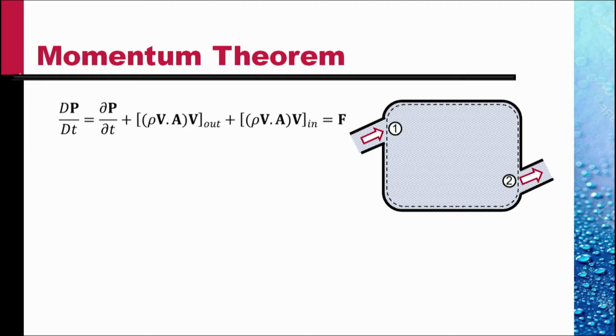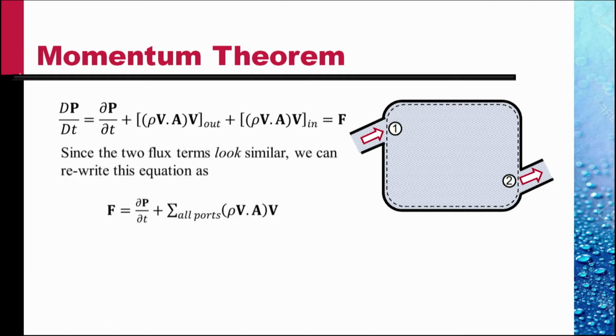If we consider the signs of V dot A, then both the outflux and influx terms written in this manner would have positive signs. And so we can write F, the net external force applied, as equal to the rate of accumulation of momentum within the control volume plus the net efflux of momentum from all the ports of the control volume.